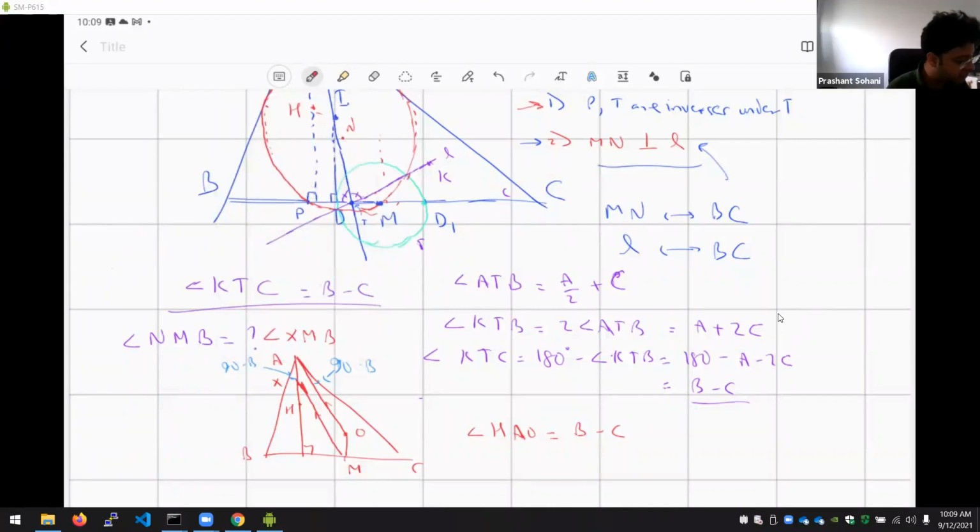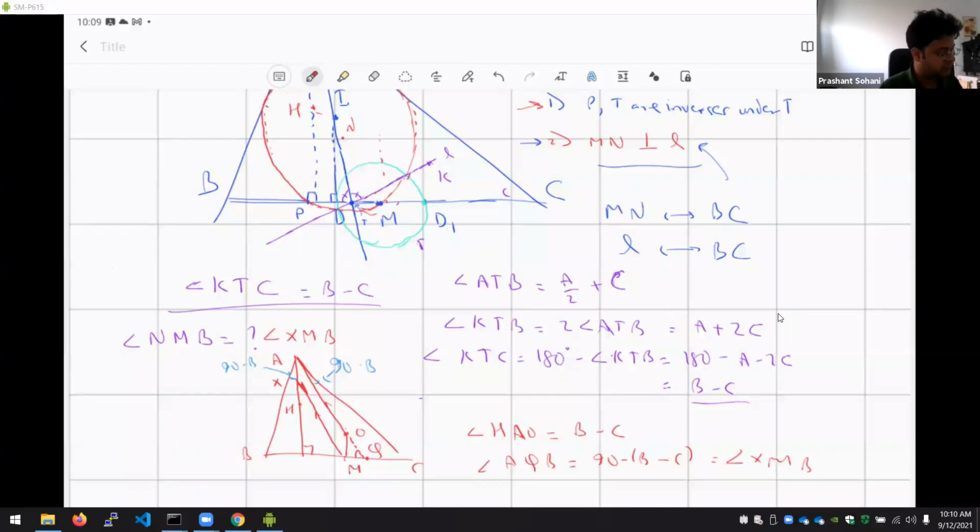Because if angle HAO is B minus C, then the angle formed by AO with the base BC will be 90 minus that. So this angle, if I call this point Q temporarily, then angle AQB is 90 minus B minus C, and that will also be equal to the angle XMB.